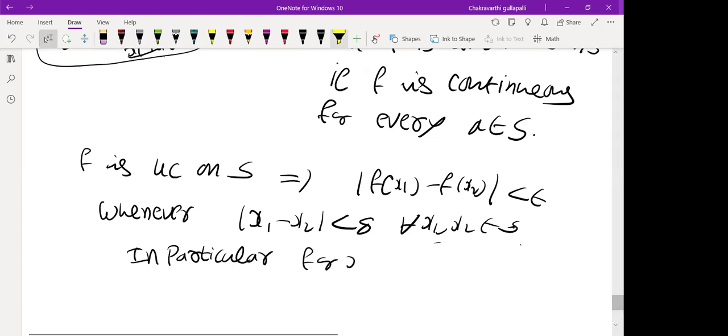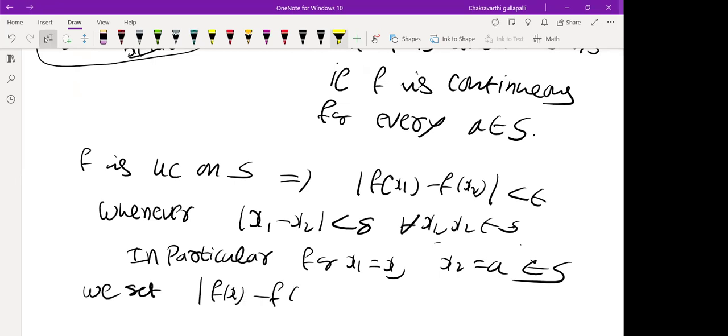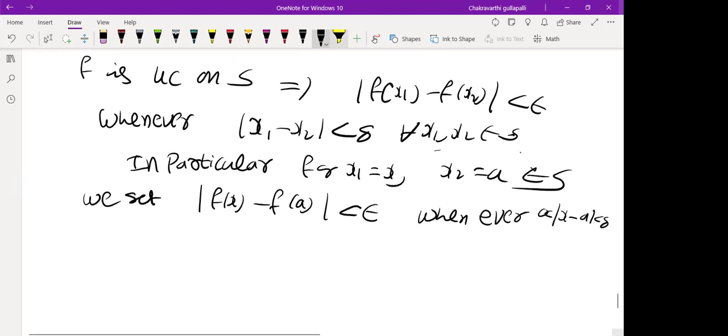For x1 equal to x, x2 equal to a, belonging to S, we get |f(x) - f(a)| less than epsilon whenever |x - a| is less than delta. If this is so, we say f is continuous.